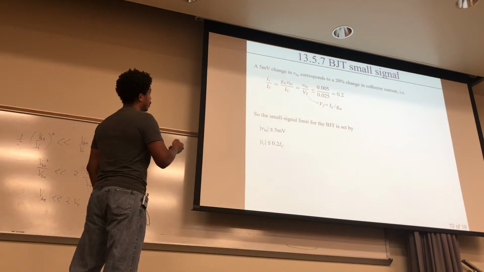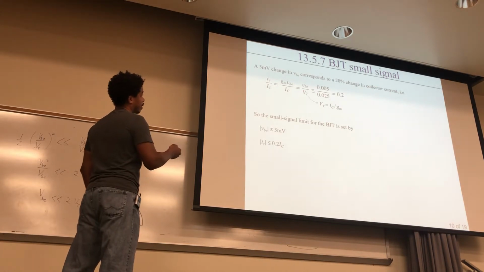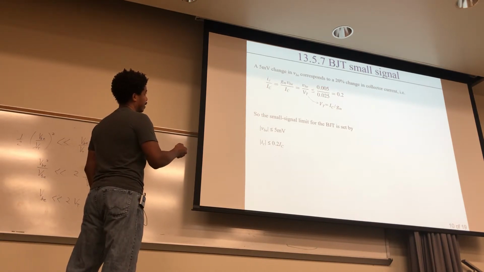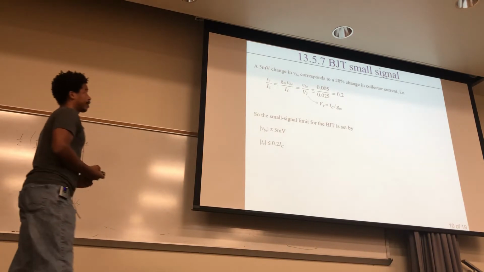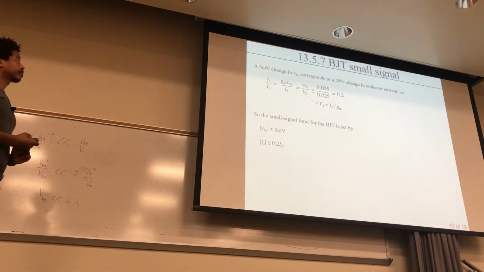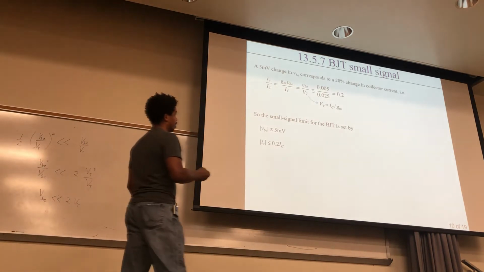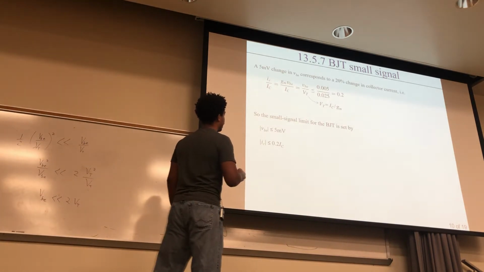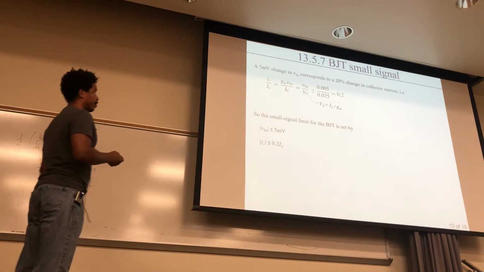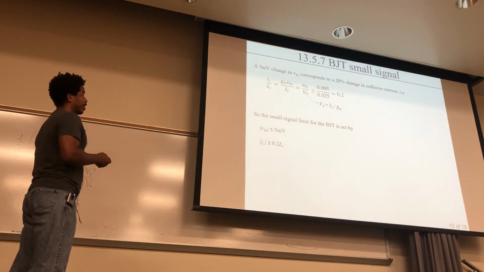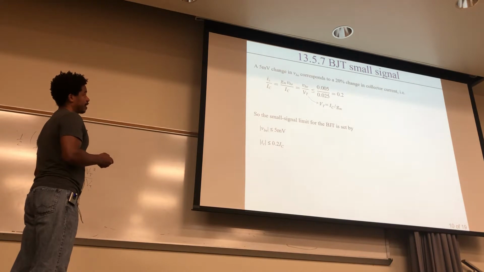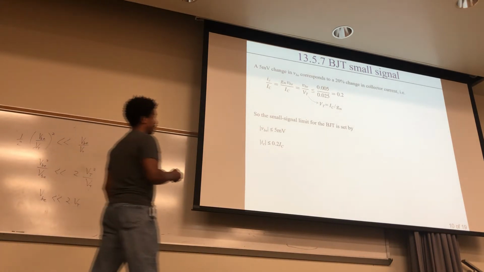The ratio of the transconductance over the IC is your thermal voltage, 25 millivolts. So that's 0.005 over 0.025, and that's how you get your 20%. So here's the whole thing for a BJT. What the small signal limit means is that your VBE needs to be less than or equal to 5 millivolts, and your small-signal collector current, ic, needs to be less than or equal to 20% of IC.